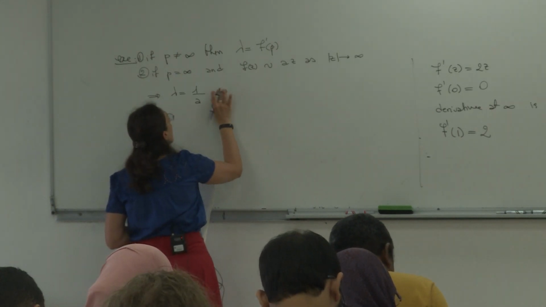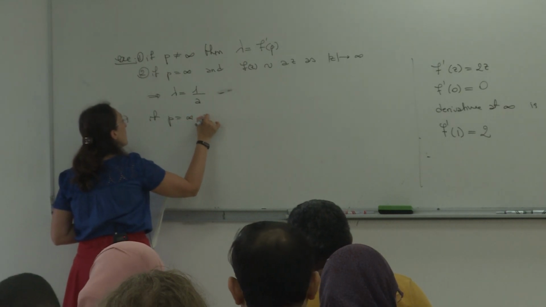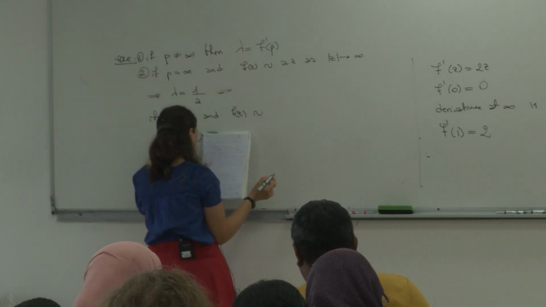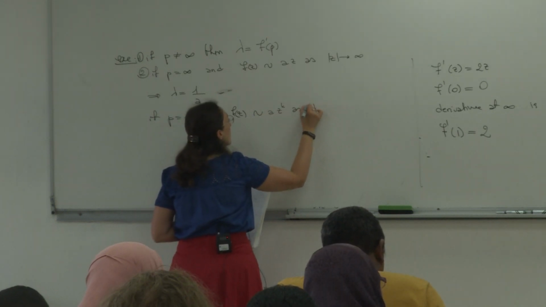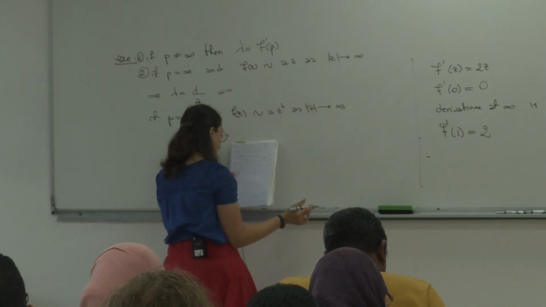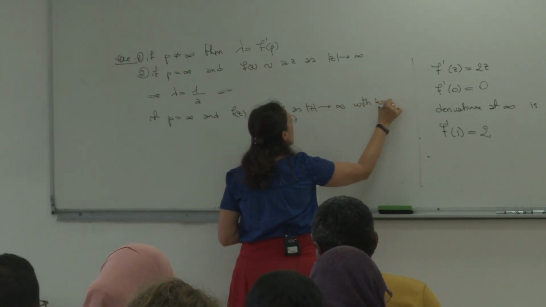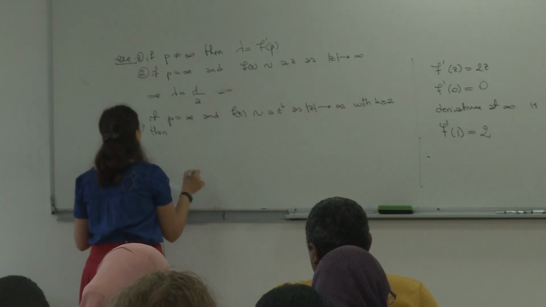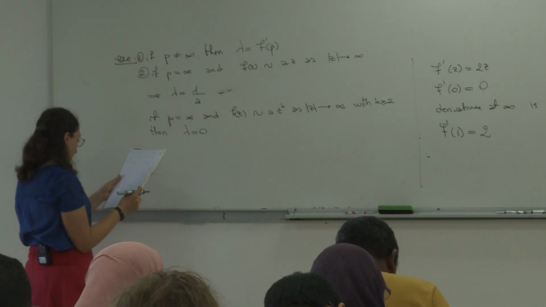And if p is equal to infinity and f of z is equivalent to a z to the power k as z goes to infinity, with k at least 2, then the multiplier is 0. All right?